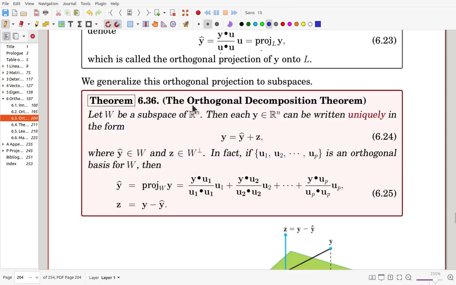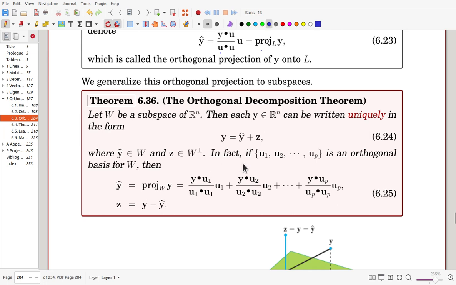The theorem is called the orthogonal decomposition theorem. W is a subspace of Rn. Then y can be written uniquely in the form y hat plus z, where y hat is in W, and z is in W perp.